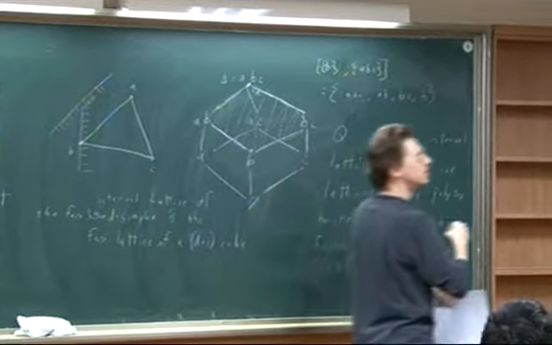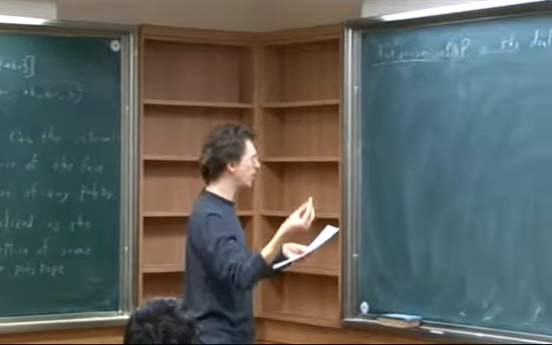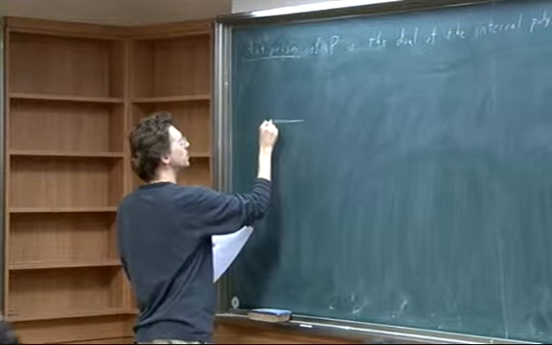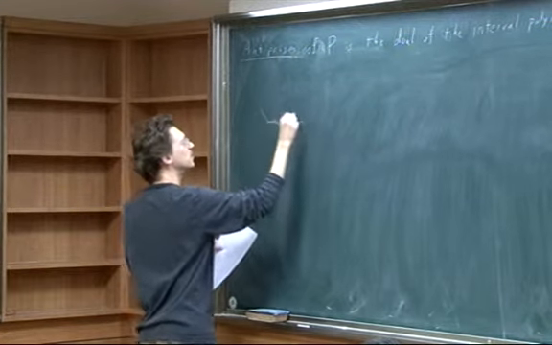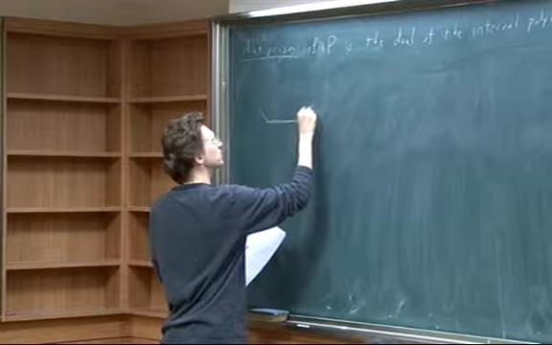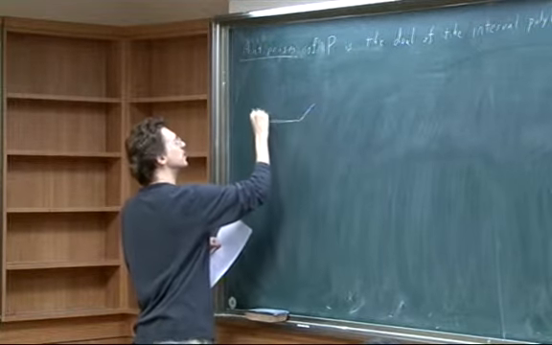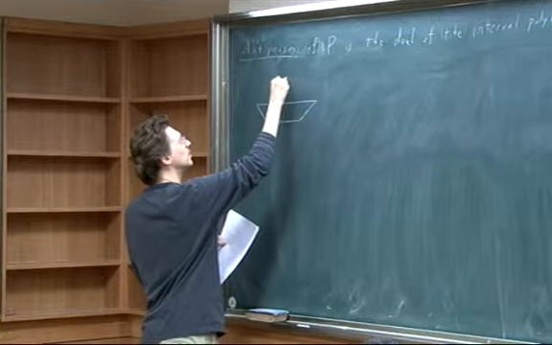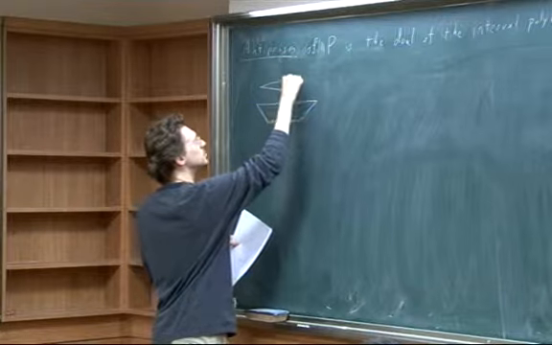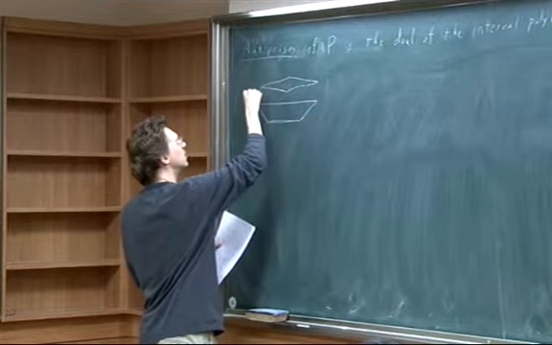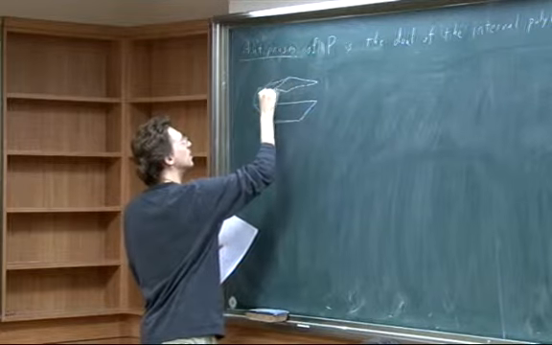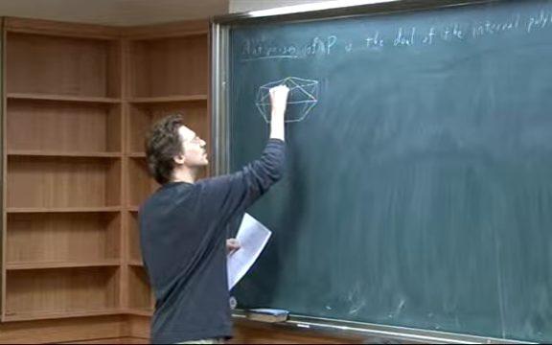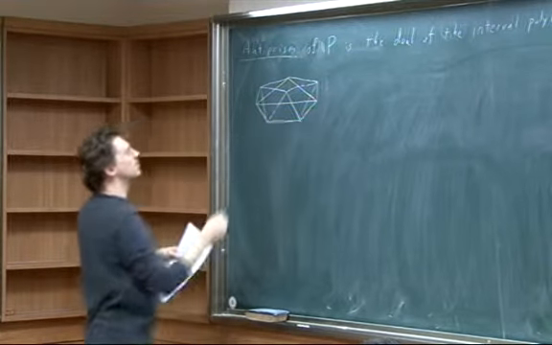If you look on Wikipedia, for example, they have lots of pictures in 3 dimensions, so this would be a picture of an antiprism of a square, right? What it looks like is you take a copy of the original polytope and you take a copy of its dual.